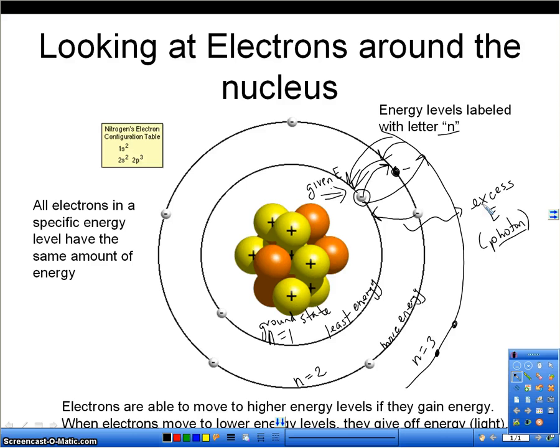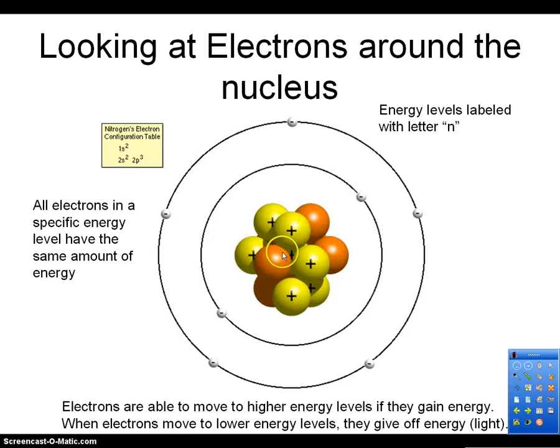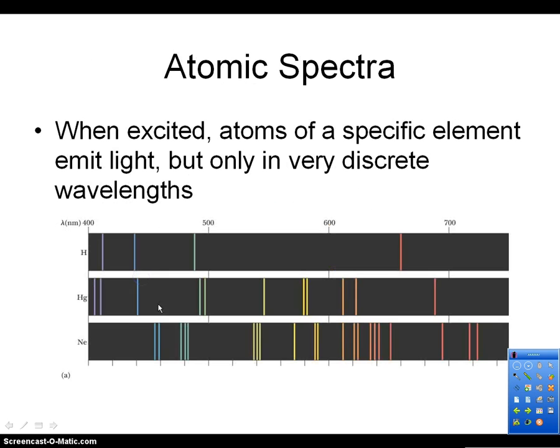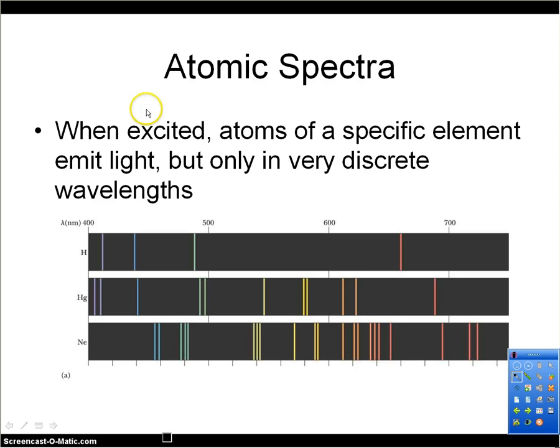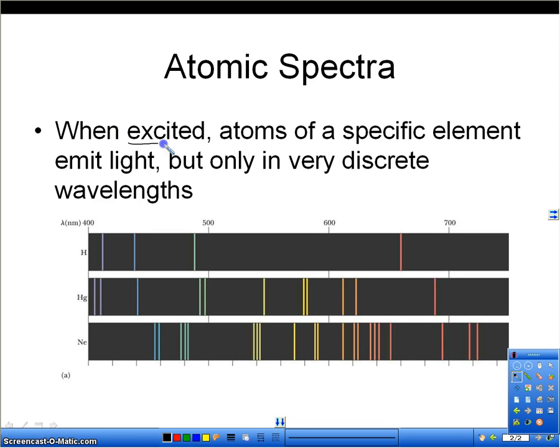All right. So what do we see when we're looking at an atom that's been excited? Well, when you excite an atom by either heating it up or electrifying it, like putting electricity through it, those electrons jump between energy levels and then jump back down, and they give off photons of light, and those photons have very discrete wavelengths.